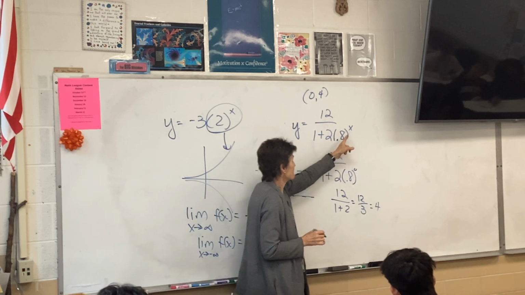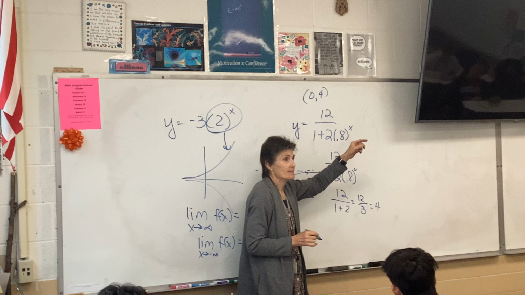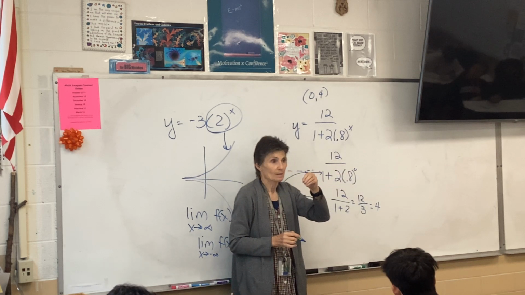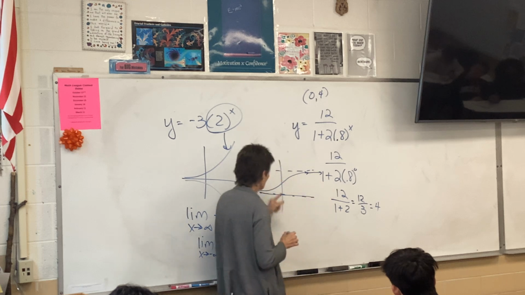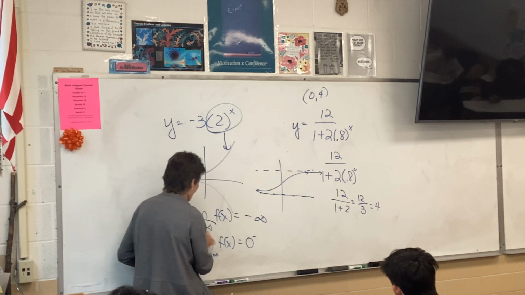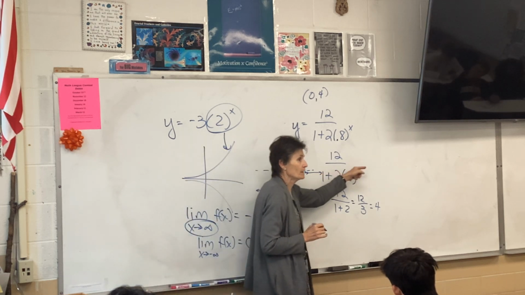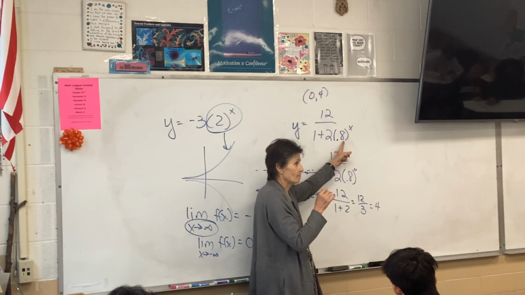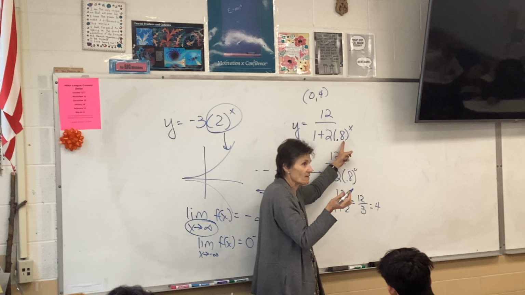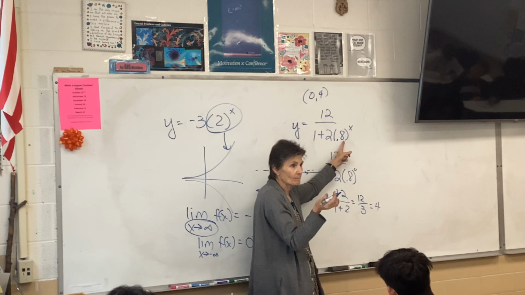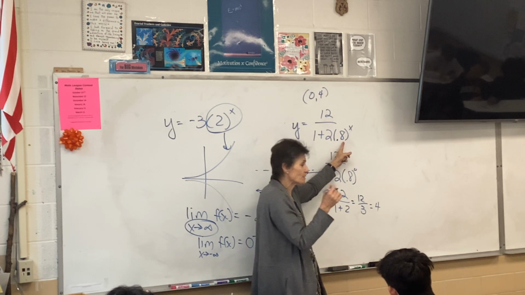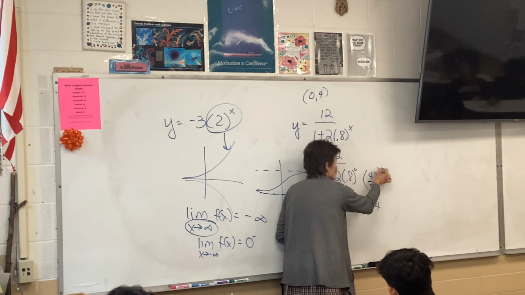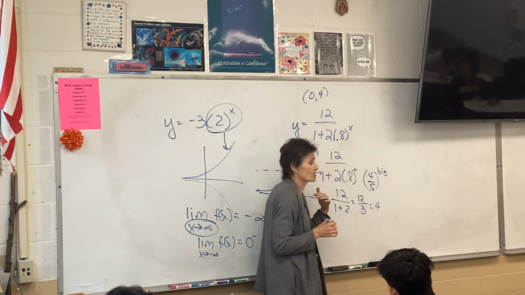What happens if I let x get really, really big, going to infinity? Well, think about it. 0.8 is like 4/5, 80%. What happens when you take 4/5 and raise it to really big powers?